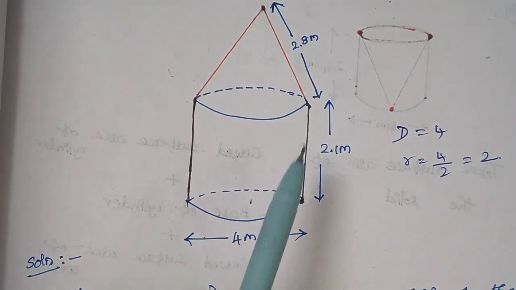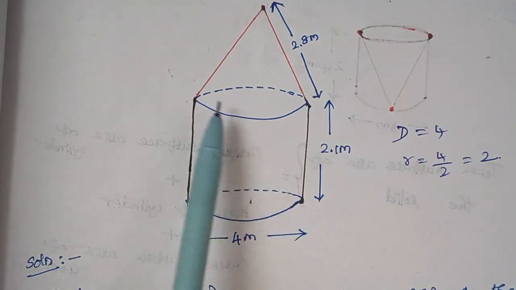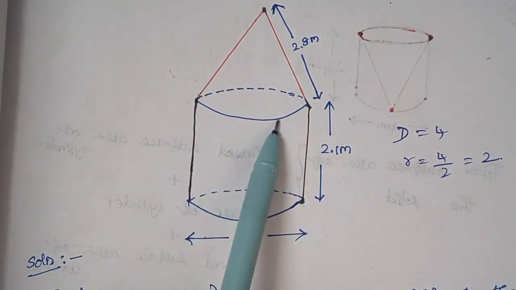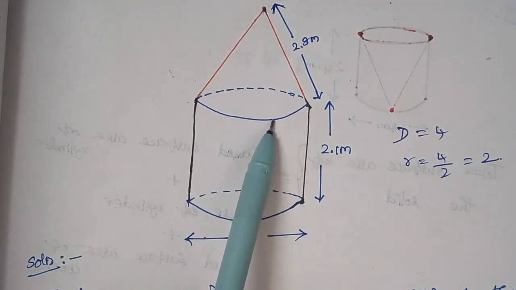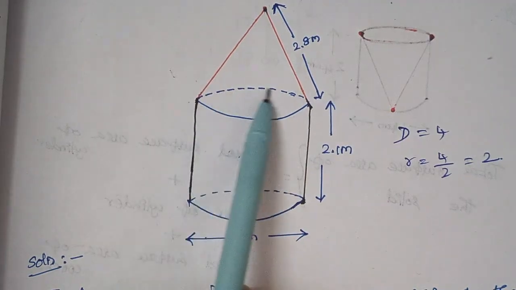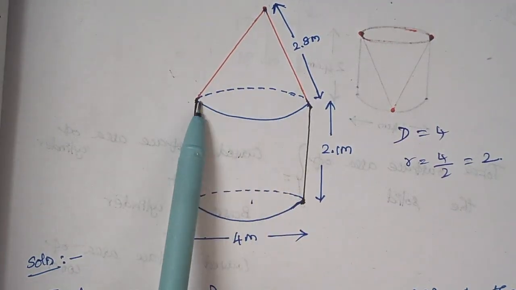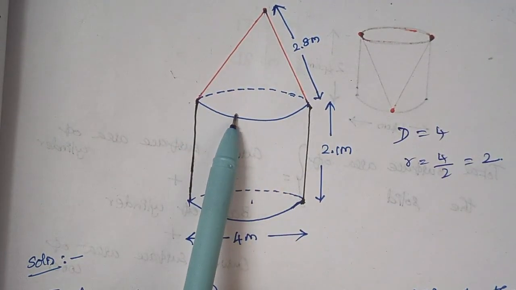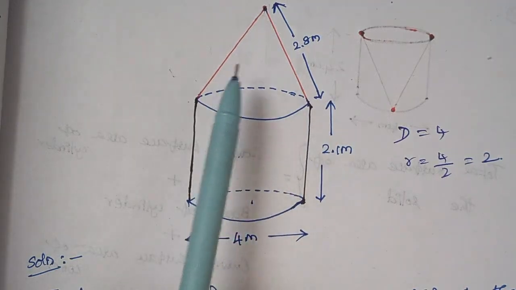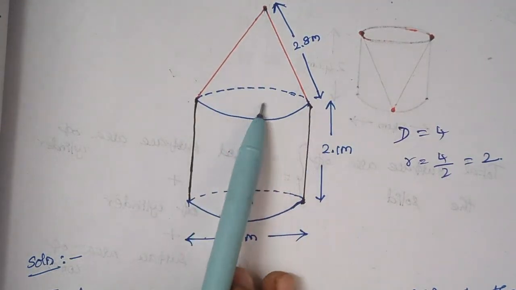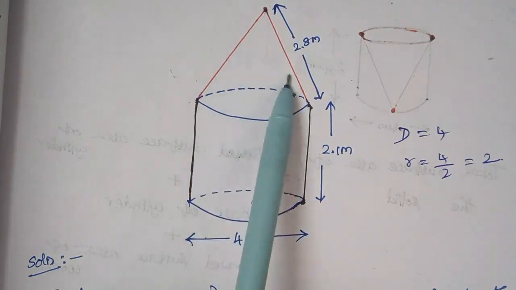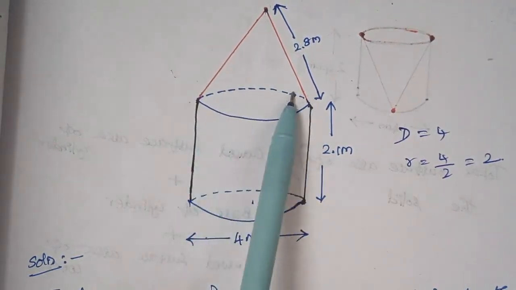Then you may ask, what about the top? Because on the top there is another portion like this. But this portion becomes a part of the cone. While calculating the curved surface area of the cone, we are calculating this conical part as well as this base part.